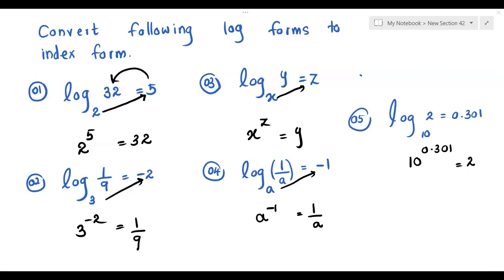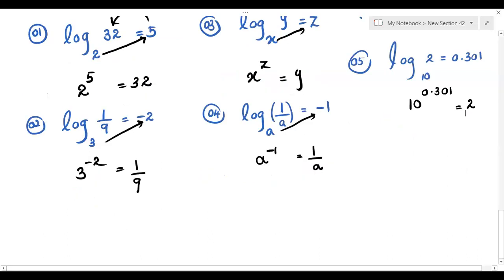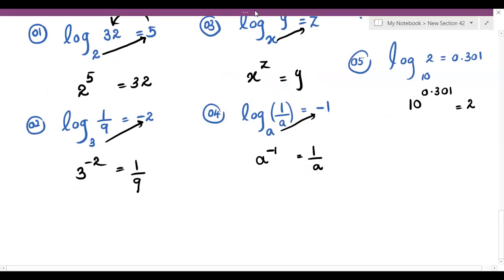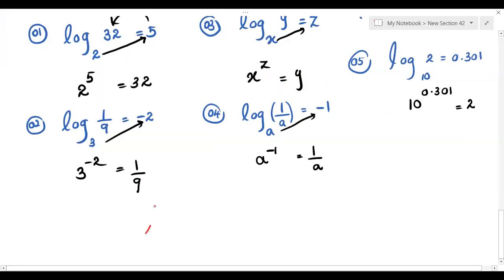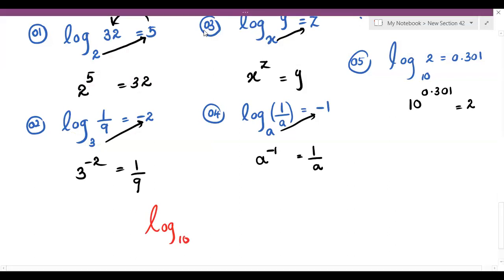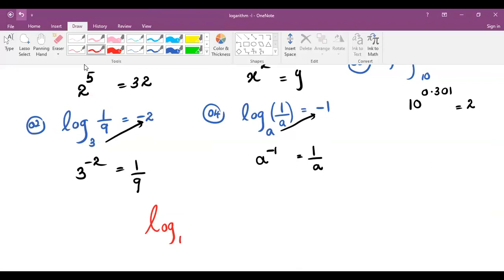Okay. Another thing that you have to remember is very important. Take your red color pen and write down logarithm to the base 10. This is relevant only when the base is 10.